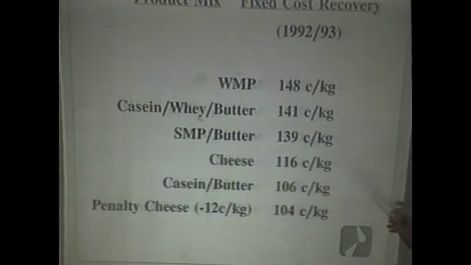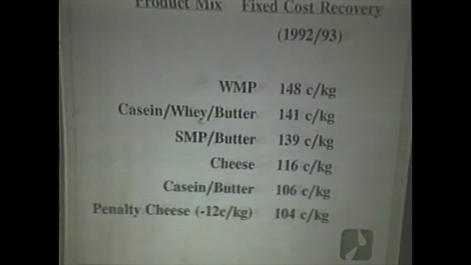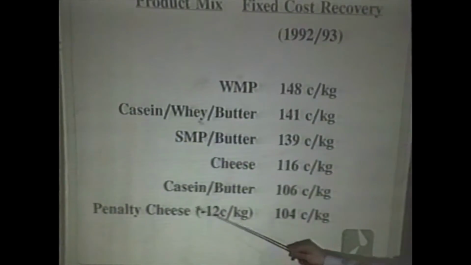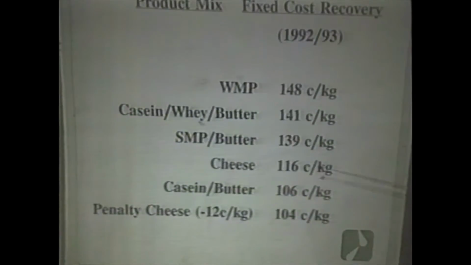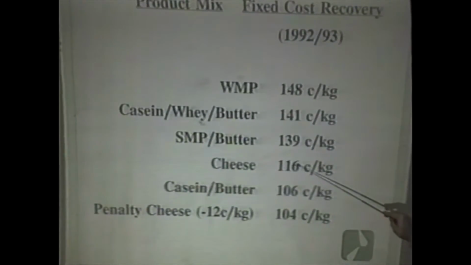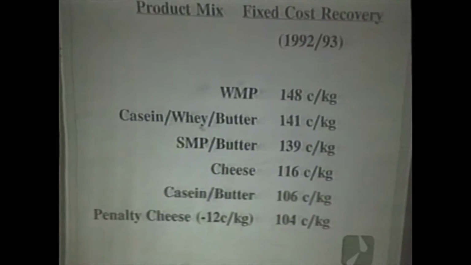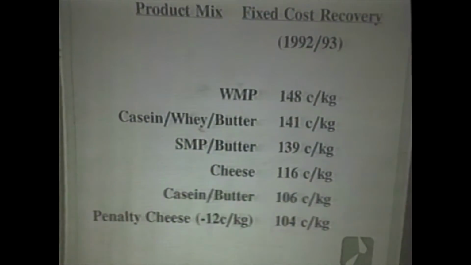When we reach the limit of the volume of cheese that we want to sell, we put a differential penalty on, say, we'll take half the cheese at the standard price, we'll penalise everything above that volume to make it less attractive than casein, so that companies will allocate their milk so much to cheese, then casein, ahead of penalty cheese. And that's the way that the cheese penalties in the differential system work.